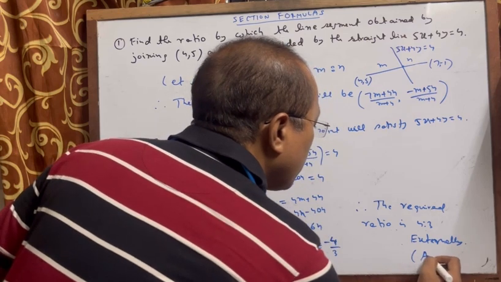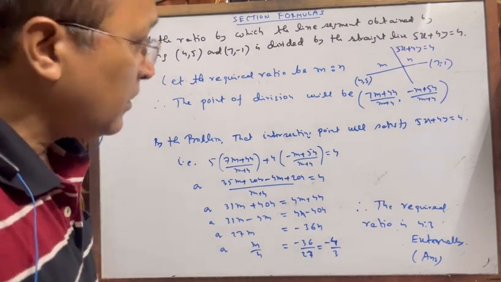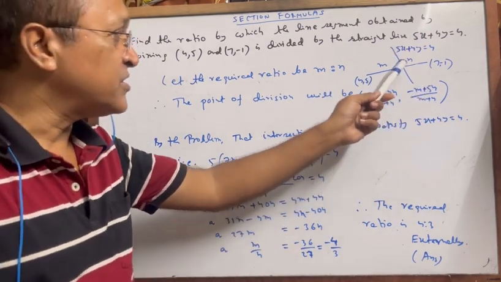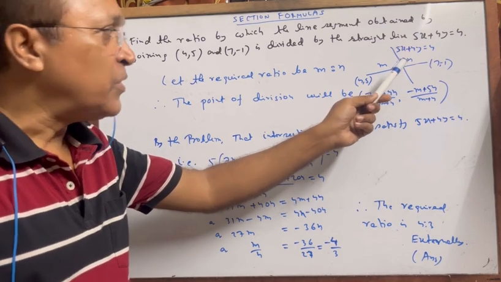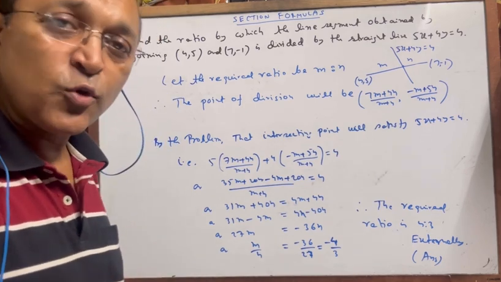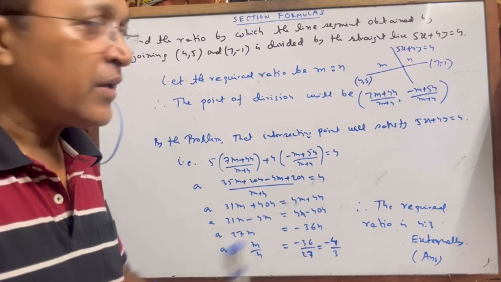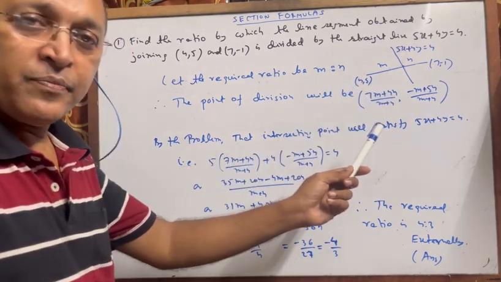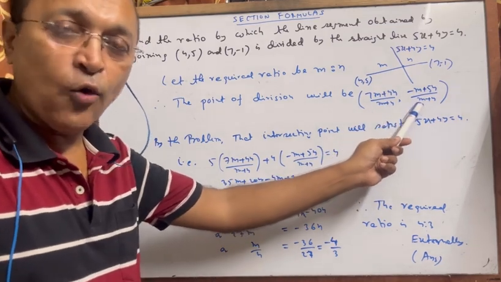Okay, try to understand. Actually, there are two straight lines. The point of intersection is this point, right? Which is being divided by the ratio m is to n, but the division could be internal or external, that we don't know. Right? Let the ratio be m is to n. So we have found the point of intersection, that is, the coordinates of the point.